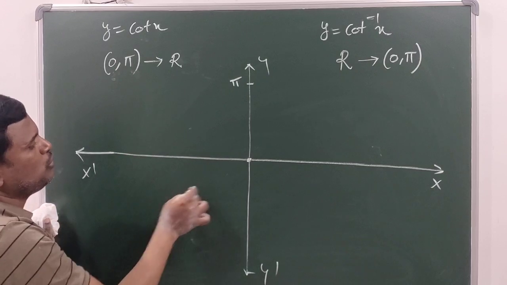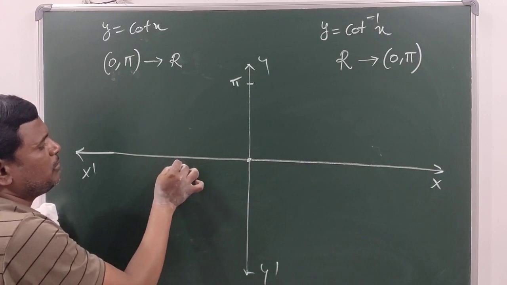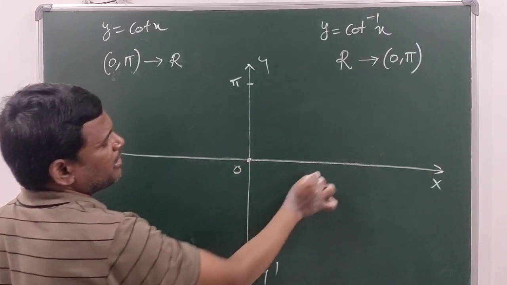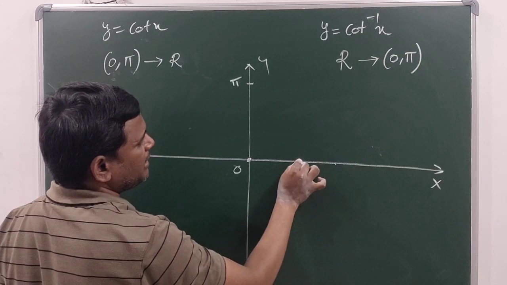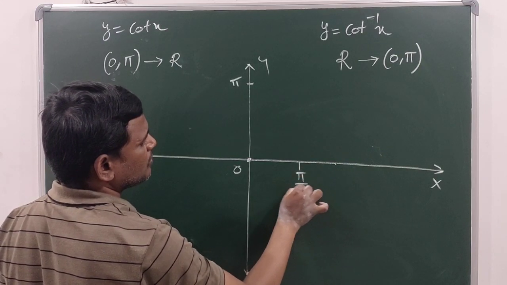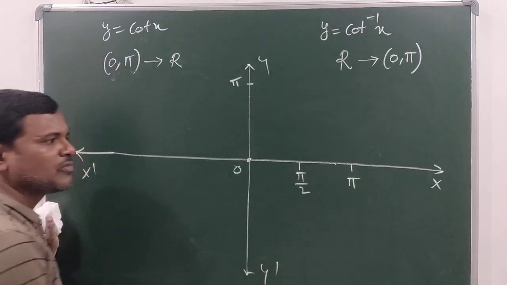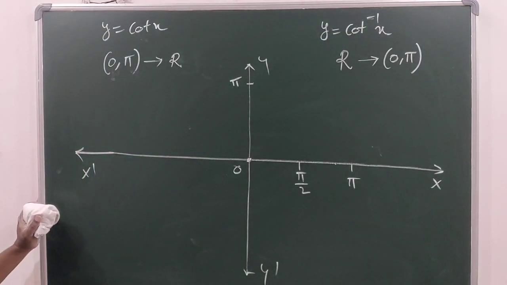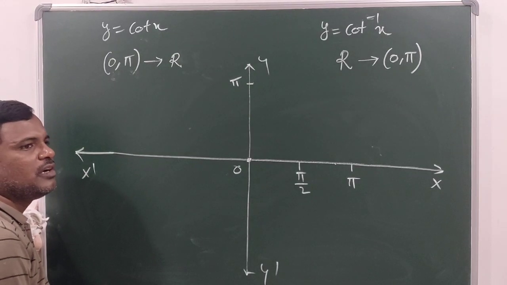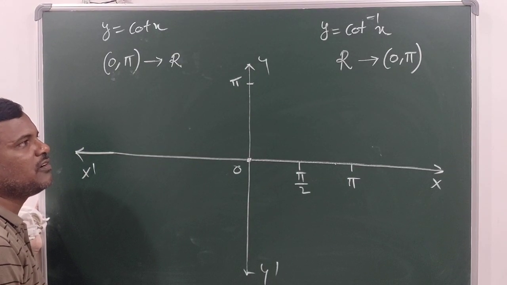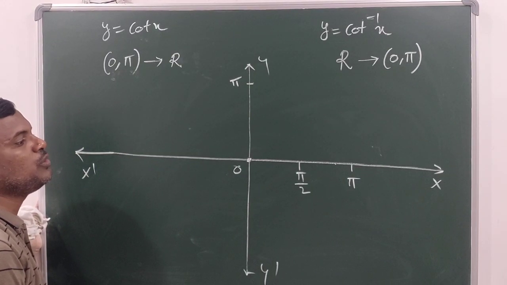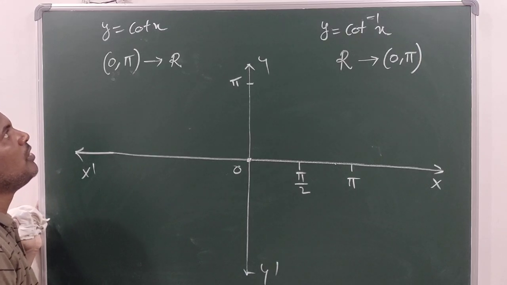Here the domain is 0 to pi, so here I take 0, here 90, and here pi. How do you get the graph between 0 and pi?